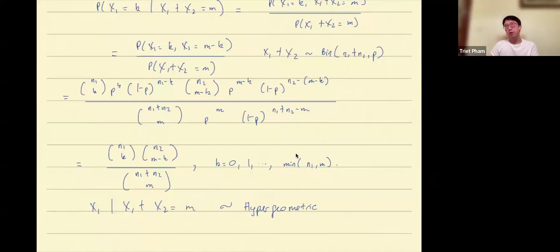Well, how many parameters do we need for the hypergeometric distribution?